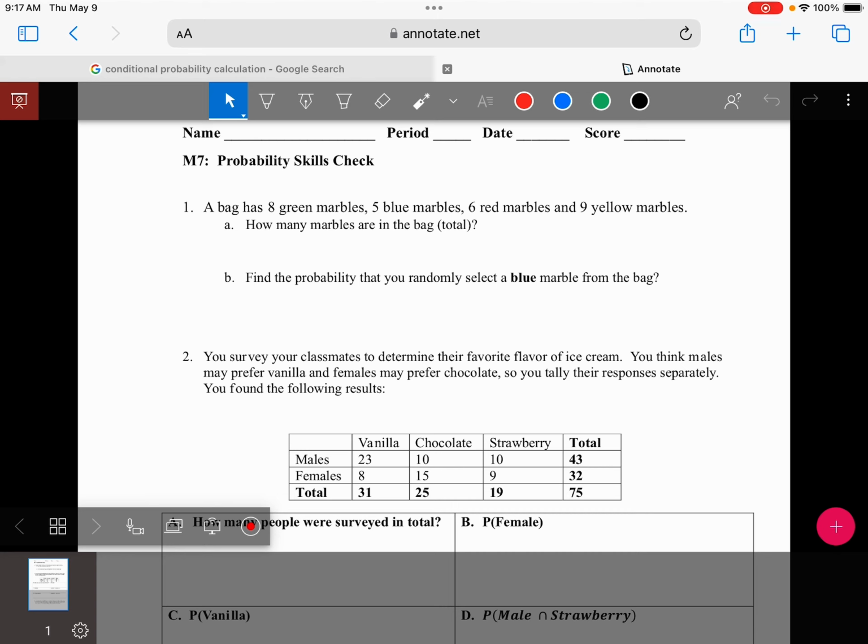So that's okay though, because again, this doesn't count as a test grade. This is just a practice.